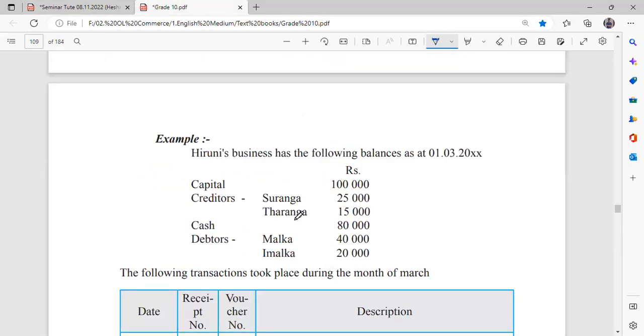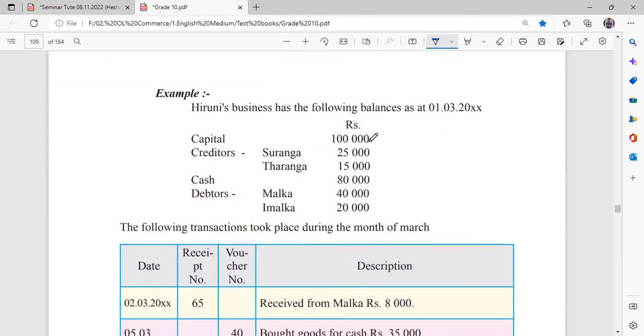Okay, Hiruni's business has the following balances as at 1st March 2022. These are the balances. This is the capital balance. These are the creditors. Now you know these are all the equity and liabilities, right? So this is the total of equity and liabilities. Now these are the assets.